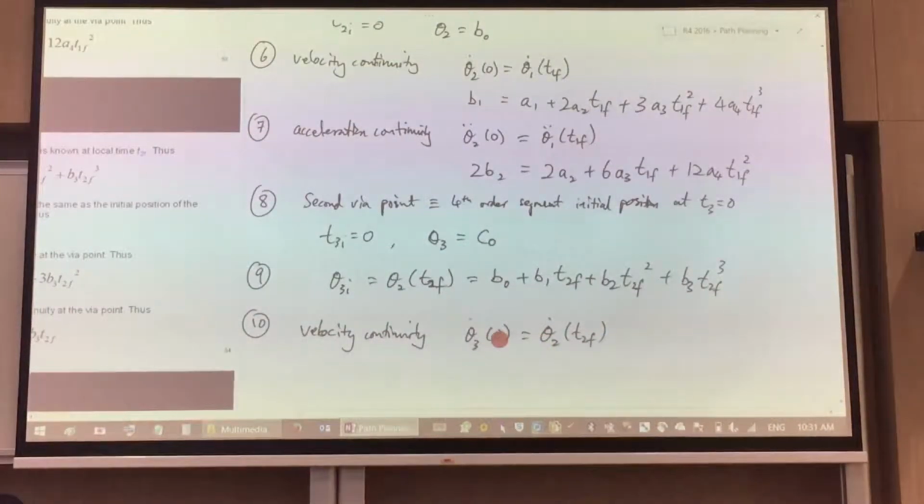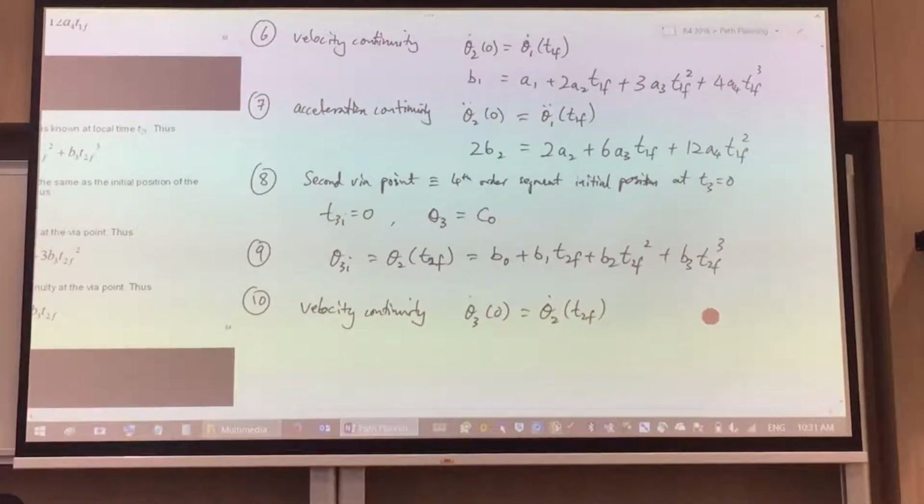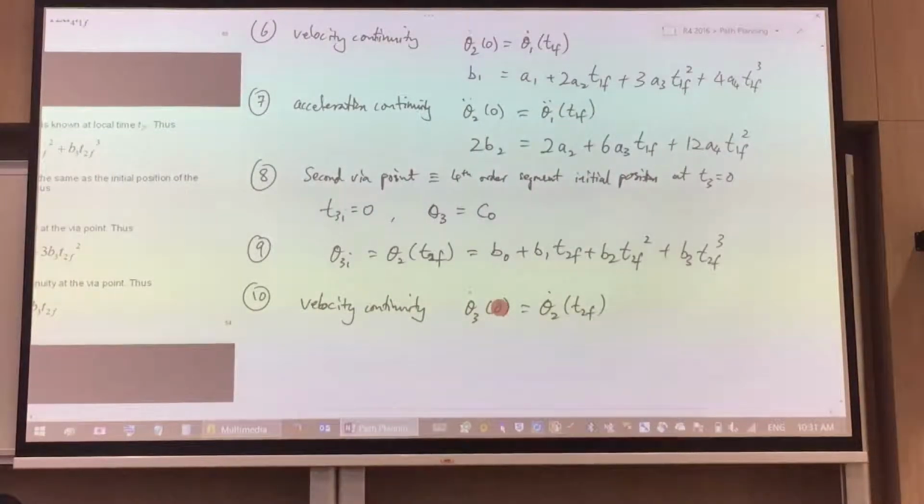So for that, velocity of your third segment, substituting 0 into that velocity equation, you get c1. Substituting t2f, you get b1 plus 2 b2 t2f plus 3 b3 t2f squared.